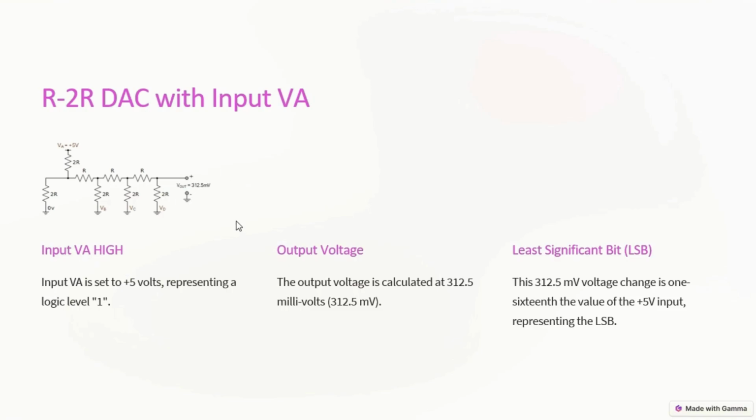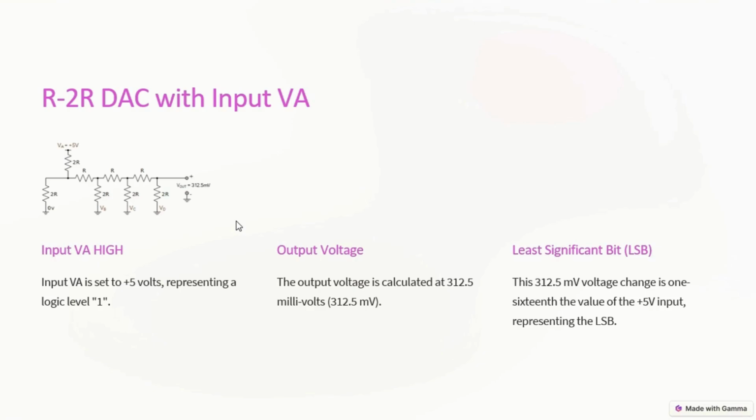And as we have a 4-bit R2R resistive ladder network, this 312.5 millivolt change is 1/16th of the value of the 5 volt input voltage, so it is classed as the least significant bit.